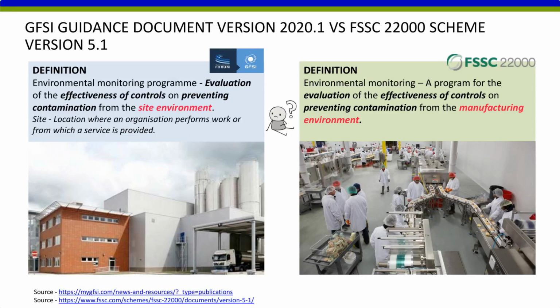So you see, it's a little bit different now in the definition of the FSSC. You have site here, but you have manufacturing environment, which is a quite smaller area to be controlled in our environmental monitoring than when we talk about the site environment.